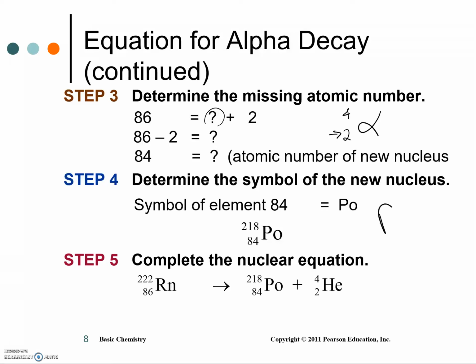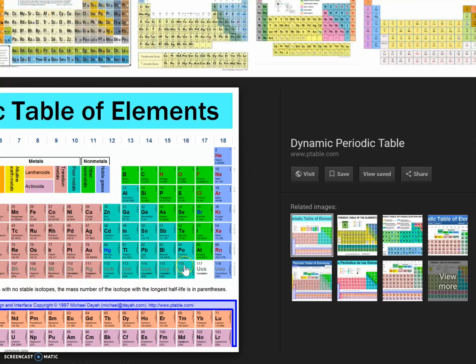Now you have to go to your periodic table. So you know that it has a mass number of 218, and that is from step 2. And it has an atomic number of 84 from step 3. So that means you have to go to your periodic table and find number 84, and it ends up being your polonium.